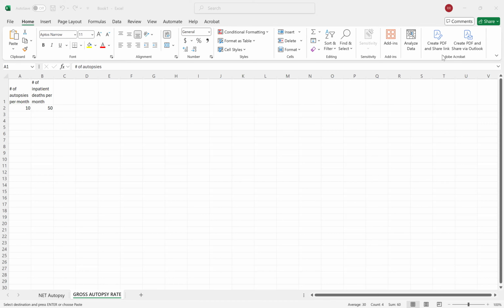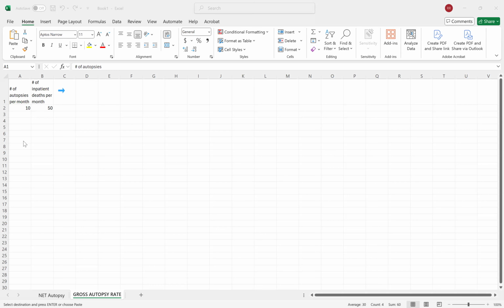Okay, so in this example, we have 50 inpatient deaths in a month, and we have 10 autopsies that were done in the same month.